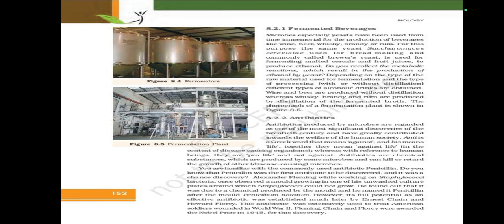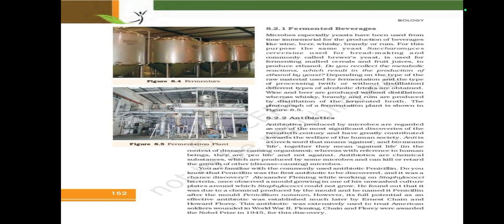Antibiotics are chemical substances which are produced by some microbes and can kill or retard the growth of other disease causing microbes. You are familiar with the commonly used antibiotic penicillin.